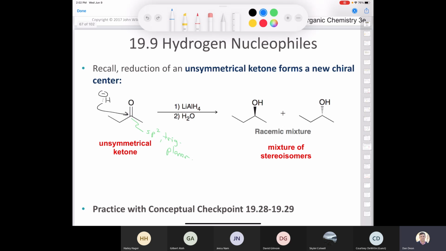Since it can attack from either face, when we end up with a new stereogenic center, we actually end up with a racemic mixture. That's something you want to keep in mind whenever you treat a ketone with a hydrogen nucleophile.